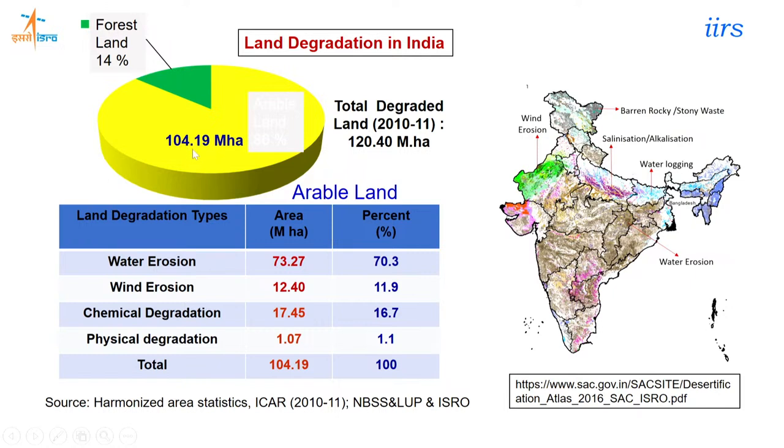Cropland is affected by various land degradation, and out of that, water erosion is causing the major land degradation. Water and wind erosion together make around 85 million hectares, or you can say 81 or 82% of our land degradation is because of erosion.